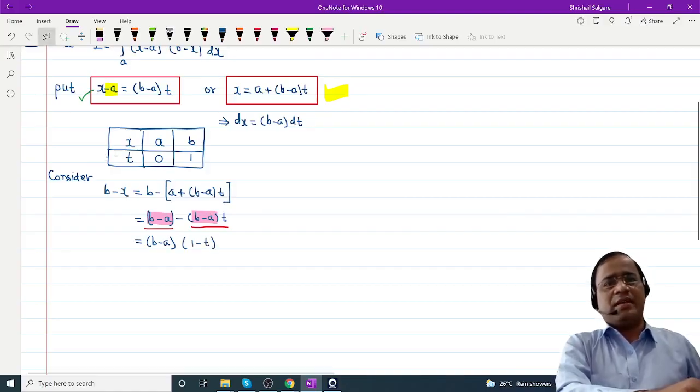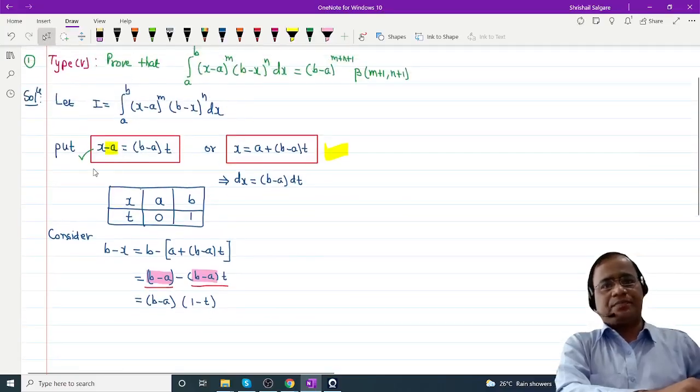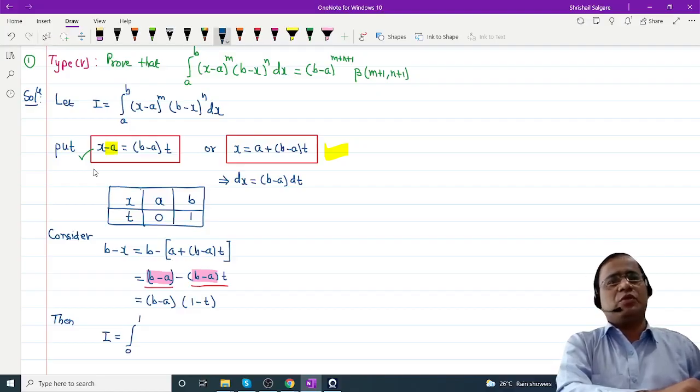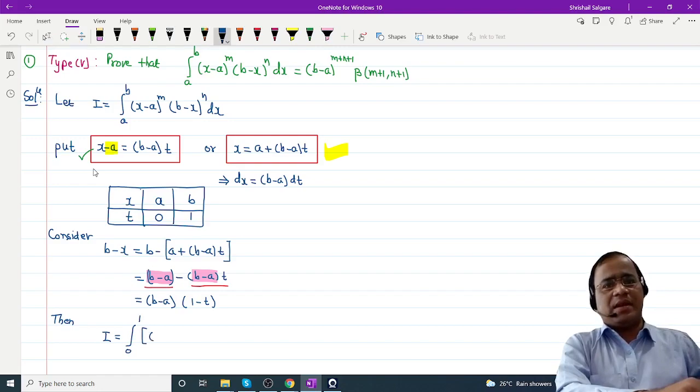So now I will write the integral. The given integral I can be written with new limits from 0 to 1. The x minus a factor we already have: b minus a into t, whole raised to m. The second factor, which you have simplified and written in multiplied form, is b minus a into 1 minus t, that whole bracket raised to n.